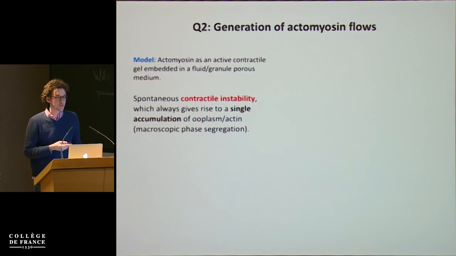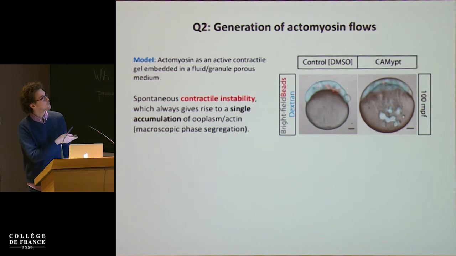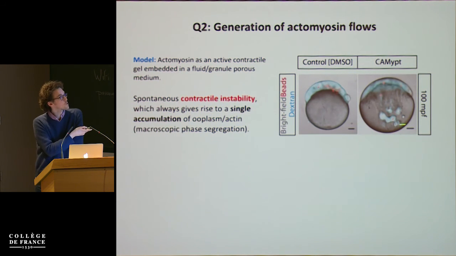But to go back to the key prediction, what we said is that the phase segregation should be really contractility dependent. It should be something that depends critically on your myosin concentration. And indeed, what Chaire did is to manipulate myosin contractility. And if you impair myosin contractility in this experiment, what you end up with is imperfect phase segregation. So you end up with lots of fluid intermixed with the yolk granules.